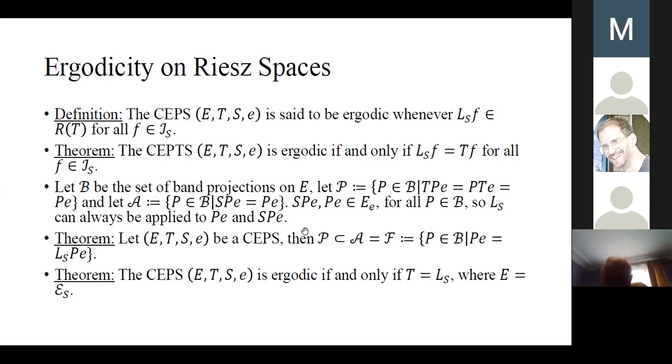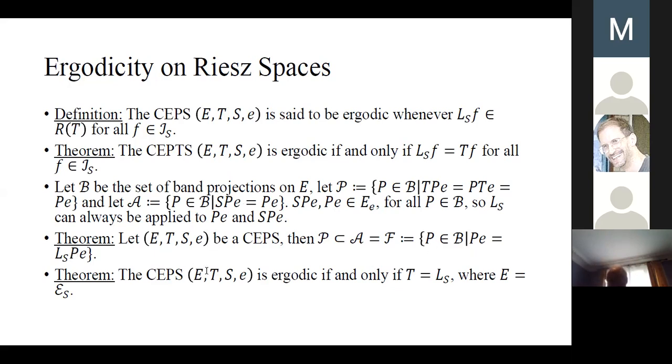Then we'll notice that SPE and PE live in EE for all band projections P, so LS can always be applied to PE and SPE. And we can use this to establish the theorem that if ETSE is a CAPS, then this calligraphic P, the set of T invariant projections, is contained in calligraphic A, the set of S invariant projections, which is equal to some set F, which we'll define to be the set containing band projections which are invariant with respect to LS.